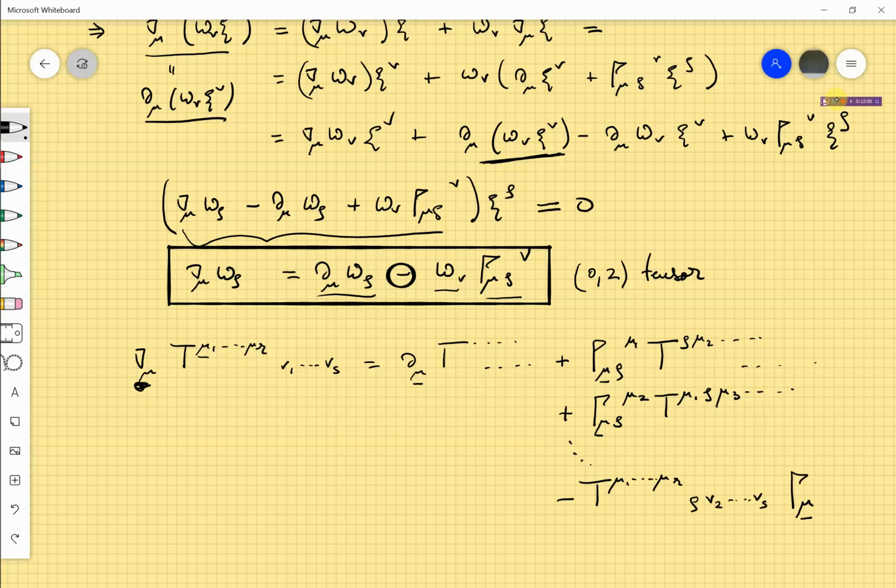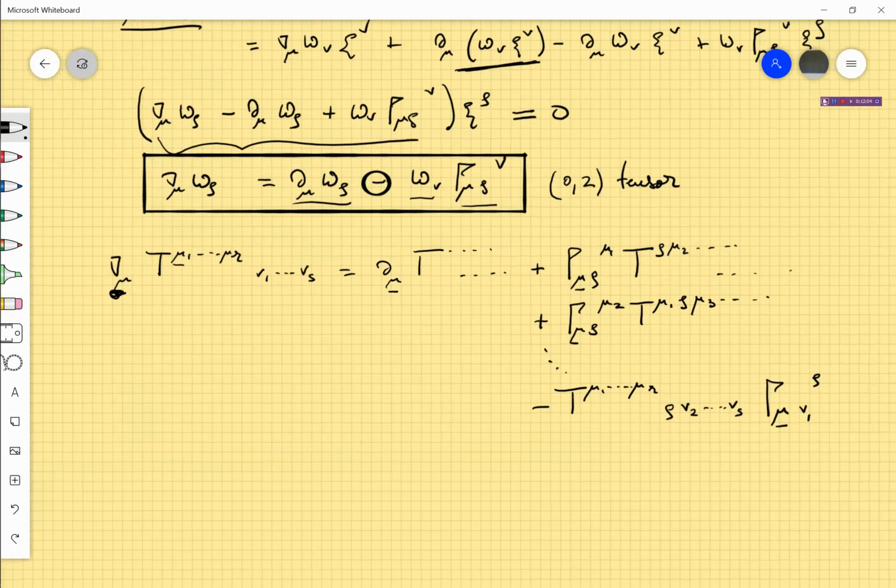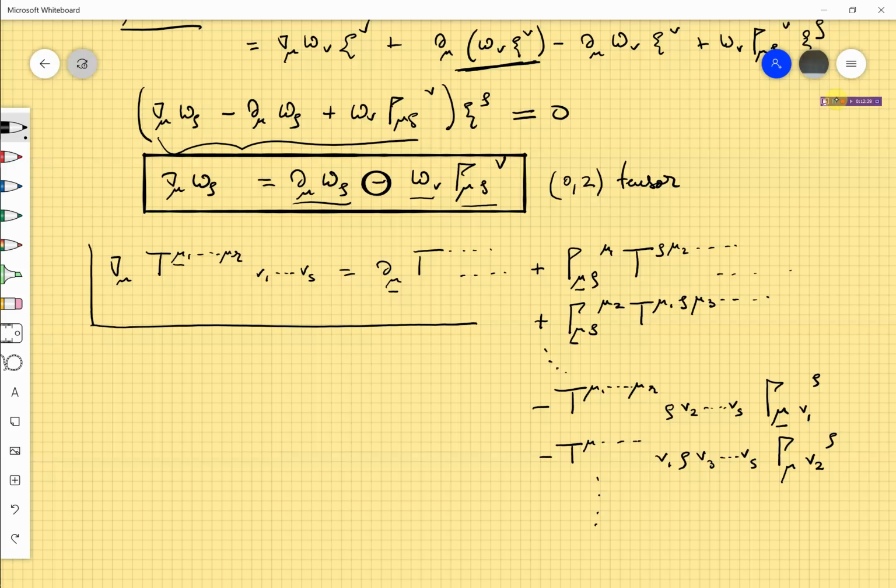Next is the index we are replacing and the mute index, and you do the same for all the covariant indices. So these are untouched. Mu 1, now it is the turn of mu 2 to be replaced by rho, then mu 3, mu s, again mu, the index you have replaced, rho, and so on.